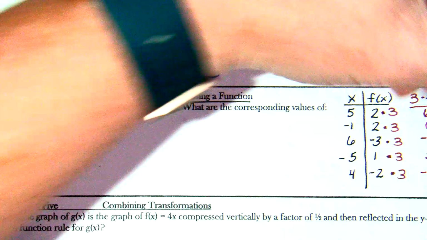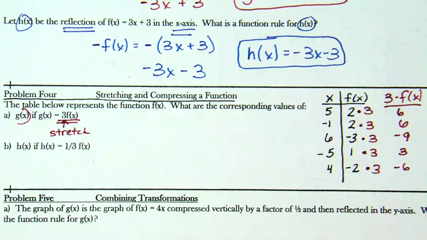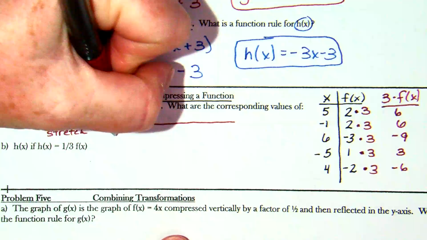Now, I'm going to write a horizontal chart out here so we can put this all together. In that, we only change the f of x values.